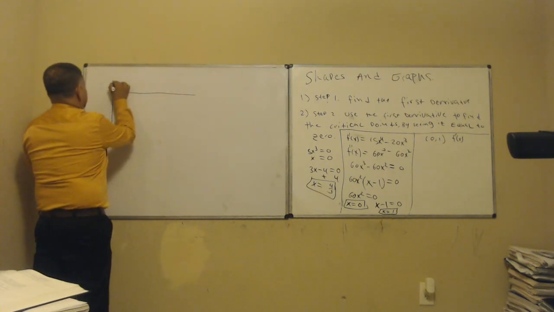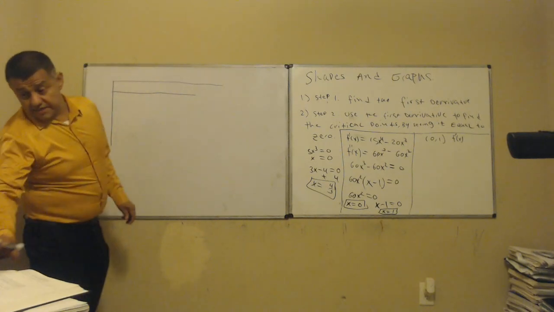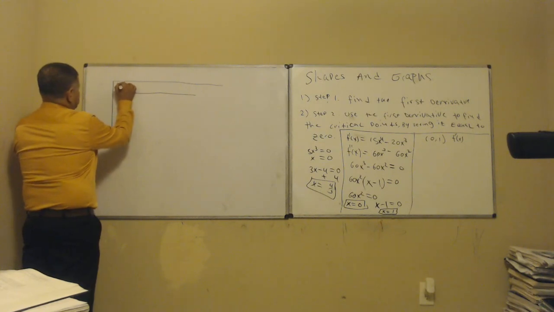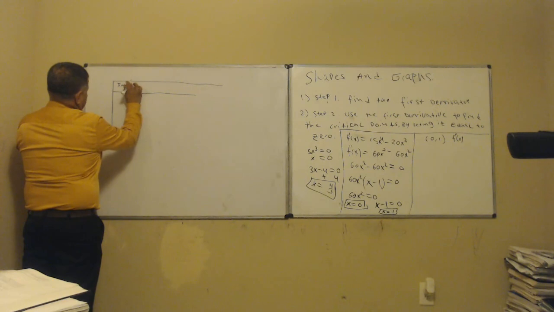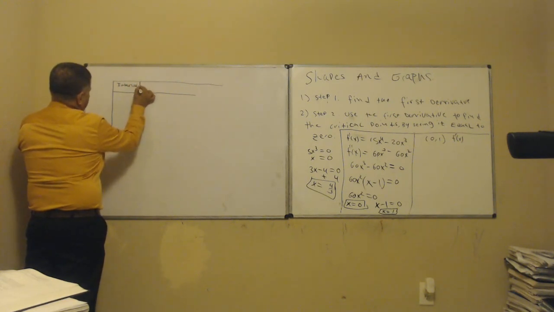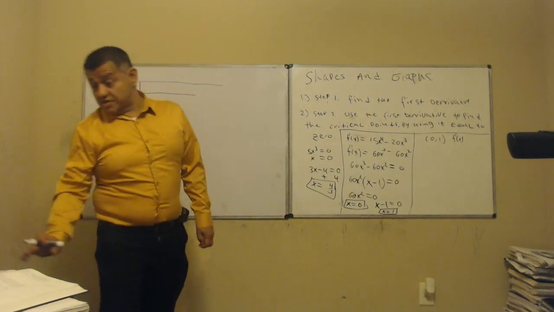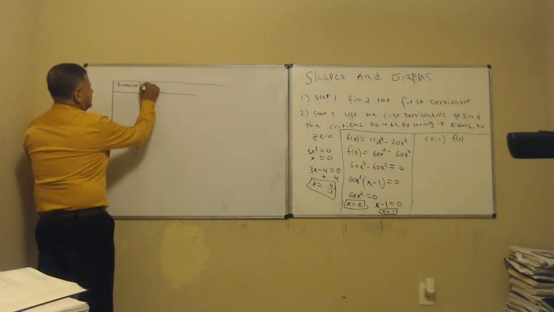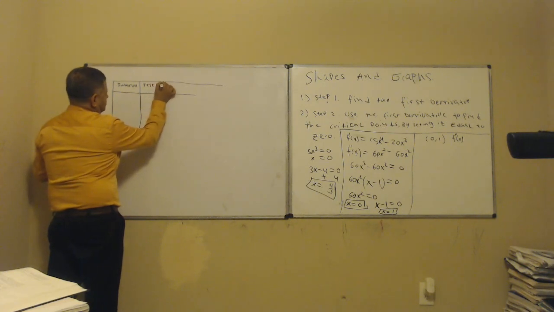Right? So, the first column is called interval. The second one is called test value.